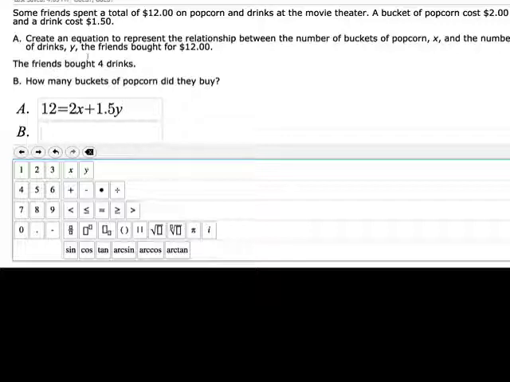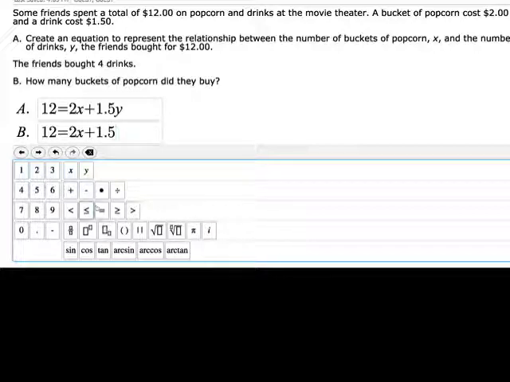Now B, it says if they bought 4 drinks, how many buckets of popcorn did they buy? So we're going to take our exact equation and instead of Y, we're going to put 4. So now we know how many drinks they bought. They bought 4. What's 4 times 1.5? That's 6. Now we're going to subtract 6 from both sides, so that gets rid of that.